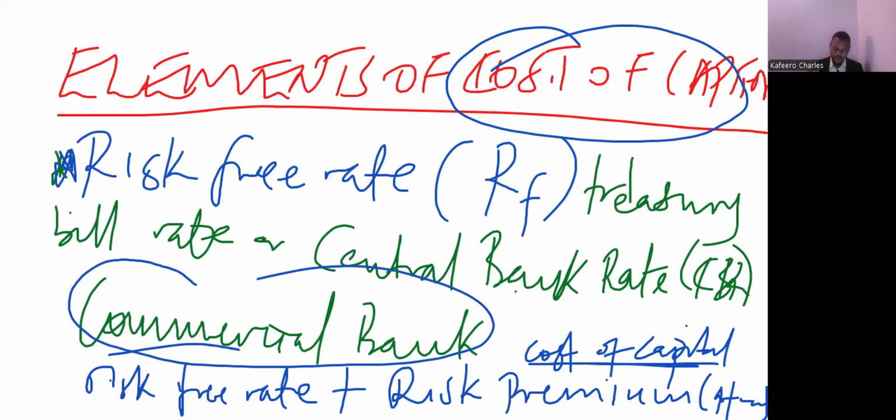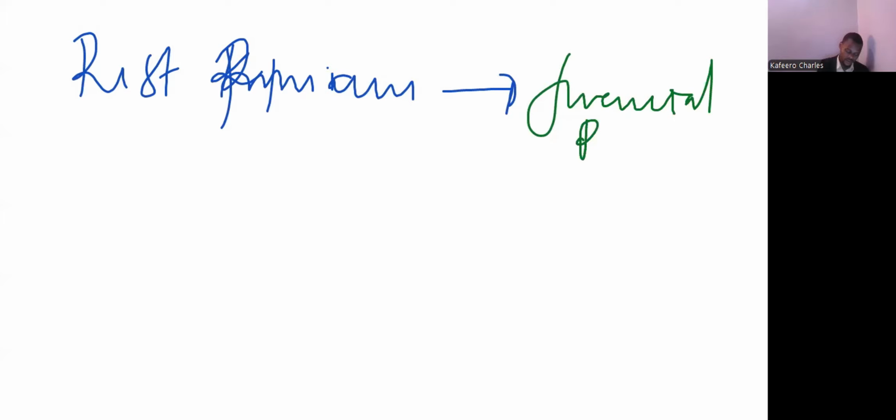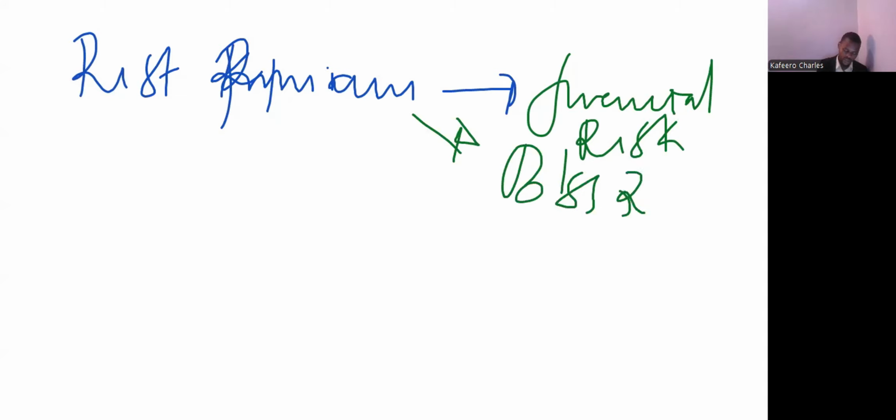So once you have debt in your capital structure, then you qualify for what we call financial risks. But at the same time, the risk premium compensates for what we call business risks. So the risk premium compensates for financial risks, and at the same time it compensates for the business risks.